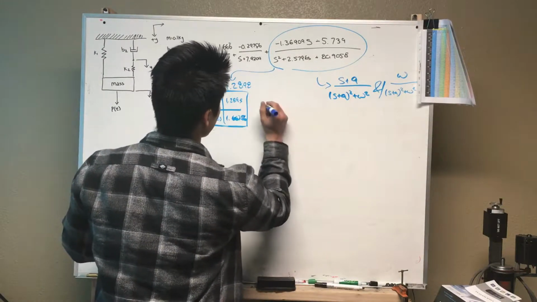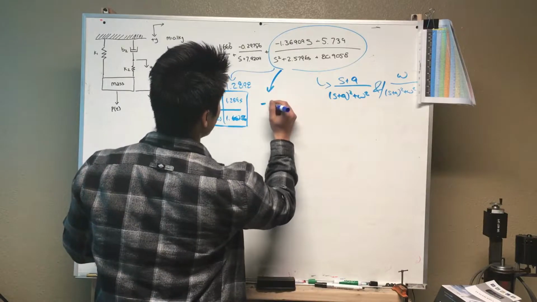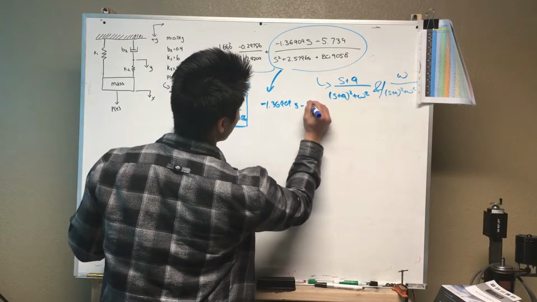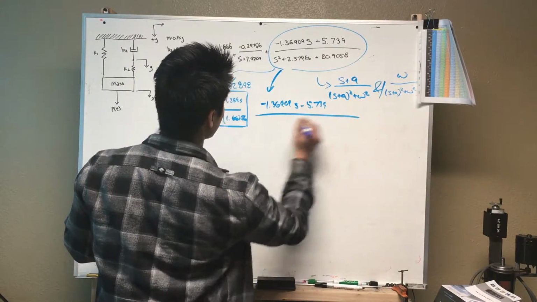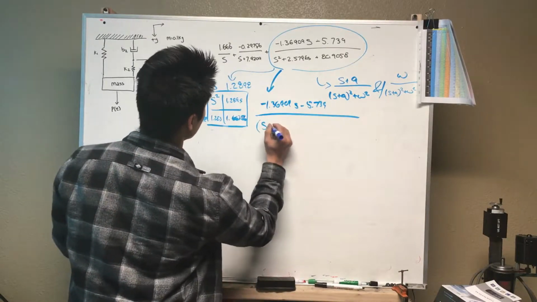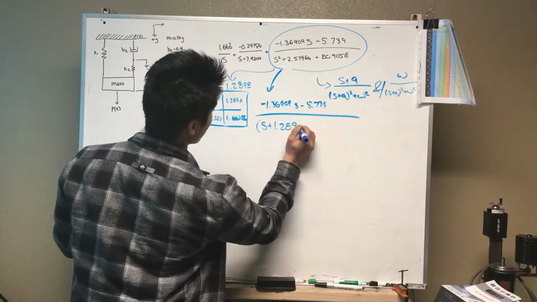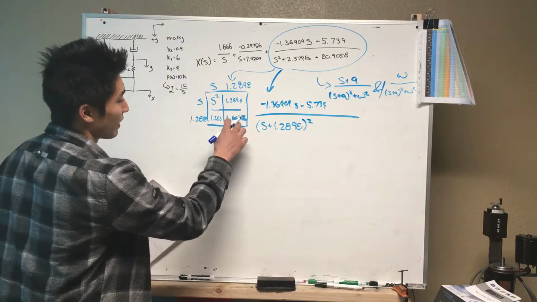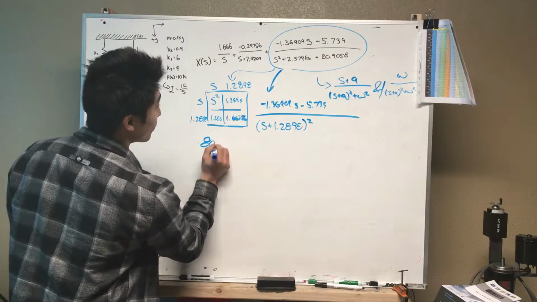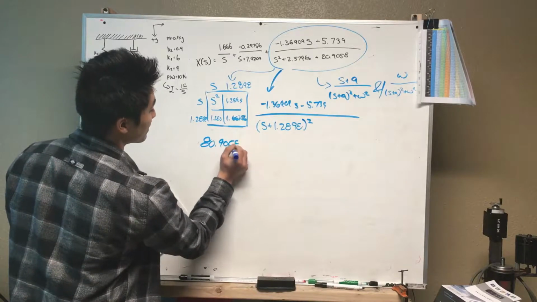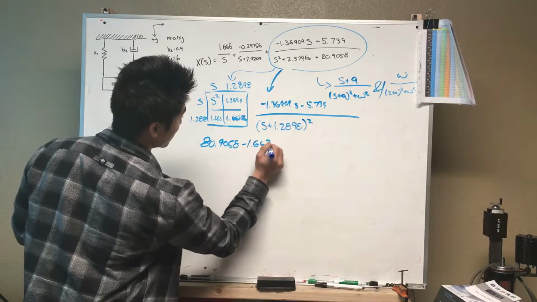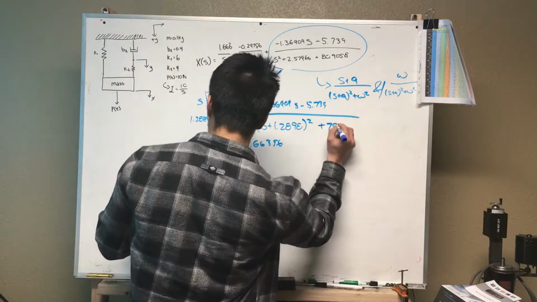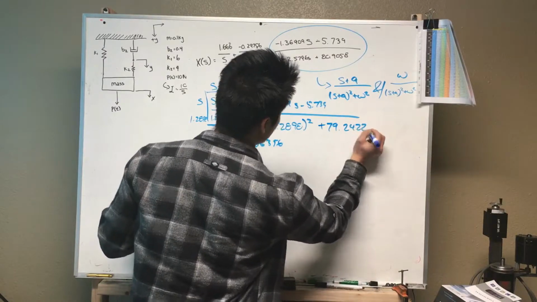We could simplify all this to be negative 1.36909 s minus 5.739 over, now it becomes, s plus 1.2898 squared, and we already used 1.66356 here, so we have to do 80.9058 minus 1.66356 to get 79.2422 here.